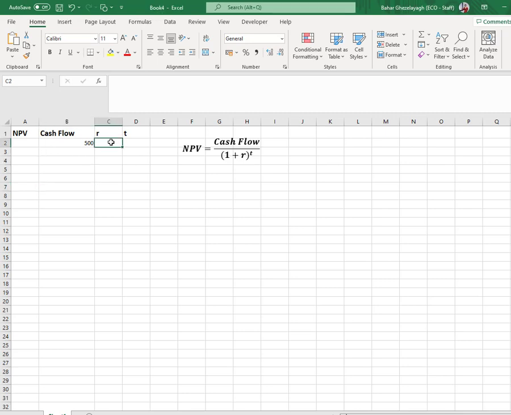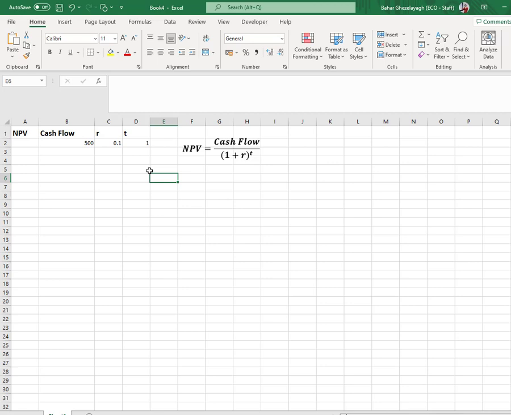If I assume that the discount rate is 0, the net present value and the cash flow are exactly the same. So if the discount rate is 0.1 and time here is 1, because there is only period 2, time therefore will be 1.